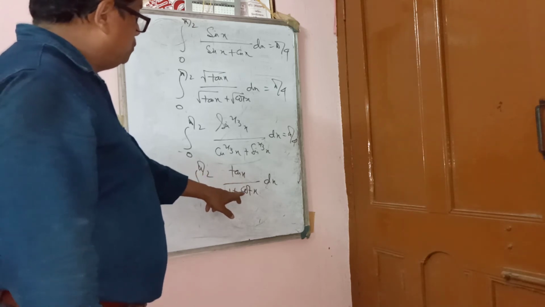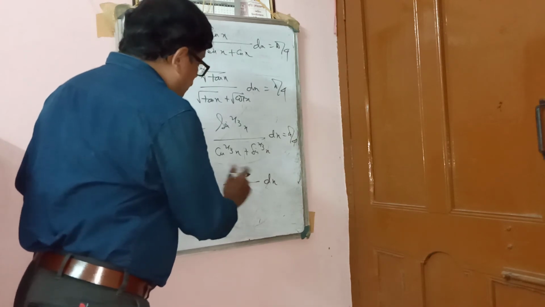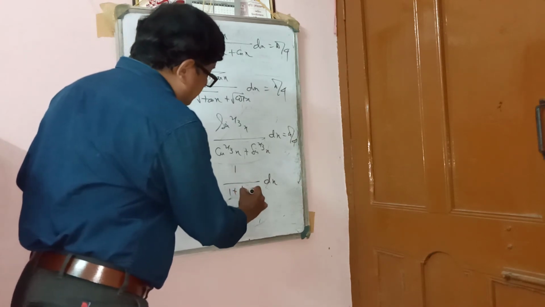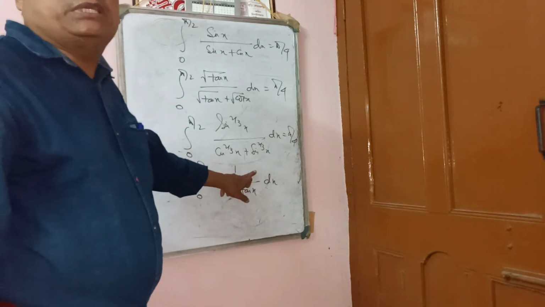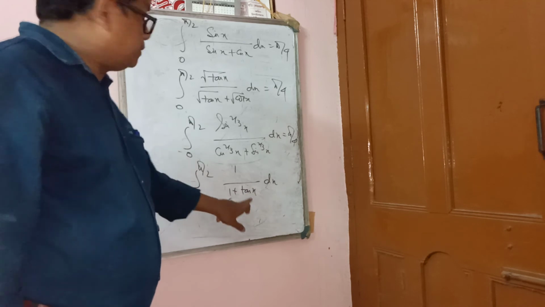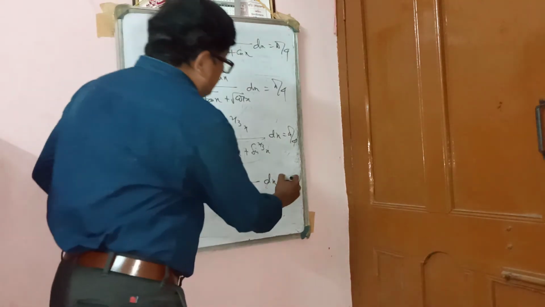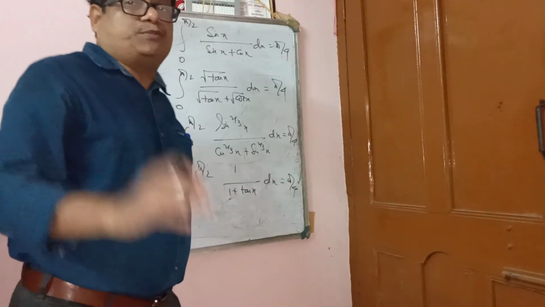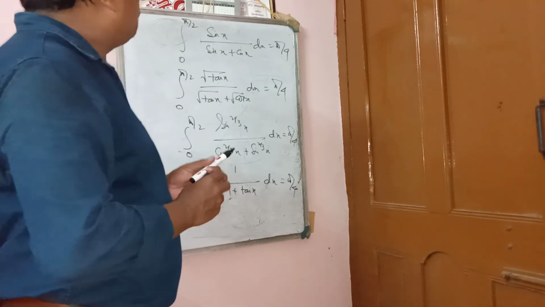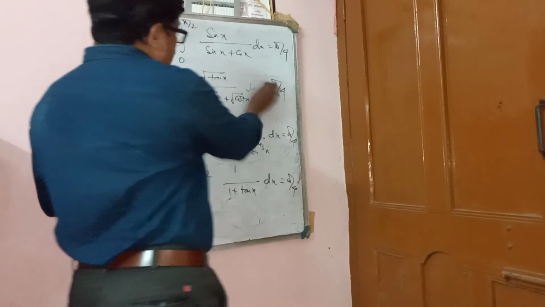So write 1 by 1 plus tan x, like sin x by cos x, so 1 plus sin x by cos x. So the integral from 0 to pi by 2 of 1 by 1 plus tan x dx is also pi by 4. A similar property you can apply. Put pi by 2 minus x and you will get the result. All answers are pi by 4.